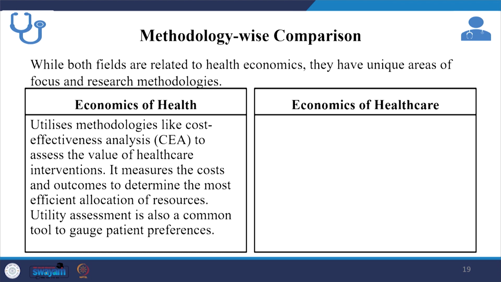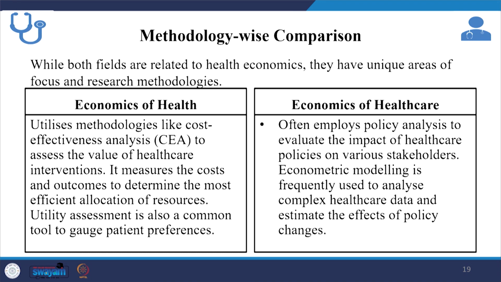Like in economics of health, it utilizes methodologies such as cost effectiveness analysis, CEA, broadly discussed, to assess the value of healthcare interventions. It measures the cost and outcomes to determine the most efficient allocation of resources. Utility assessment is also a common tool to gauge patient preferences.